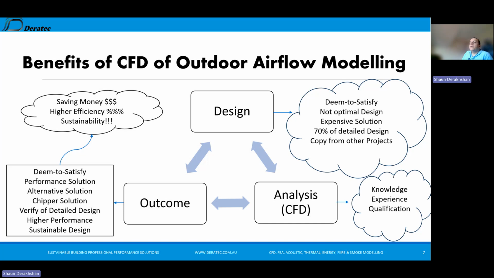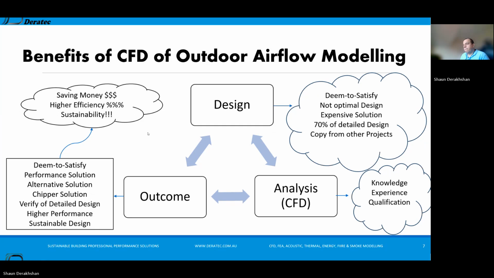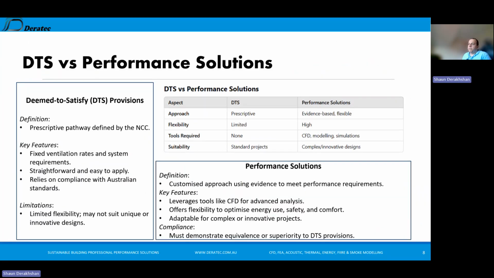Along with complying with the NCC, because at the end of the day, you need one engineer to certify and verify the design complying with codes. So DTS versus performance solution is generally a comparison.